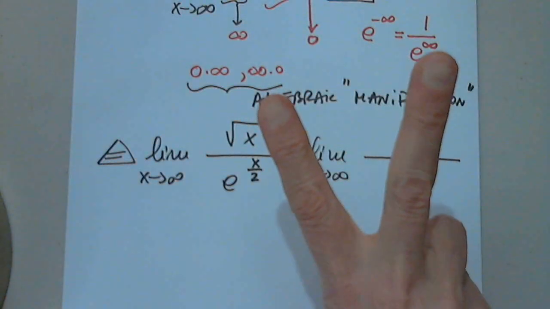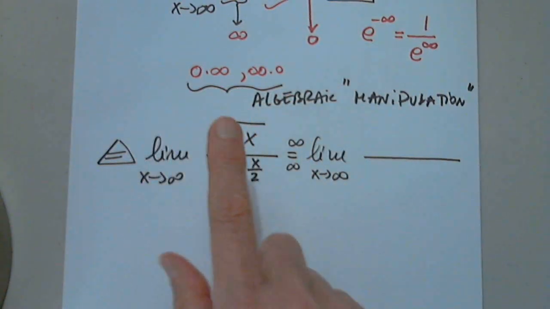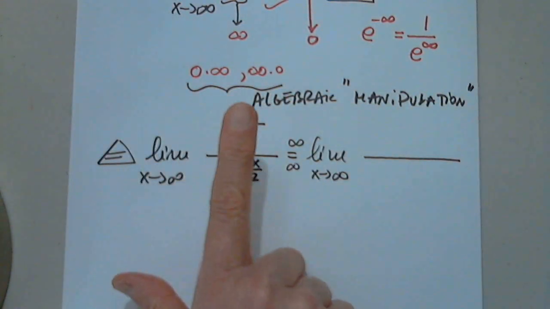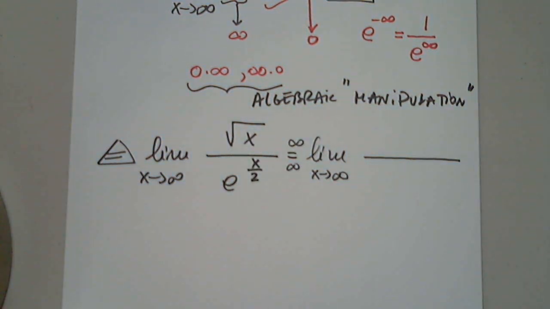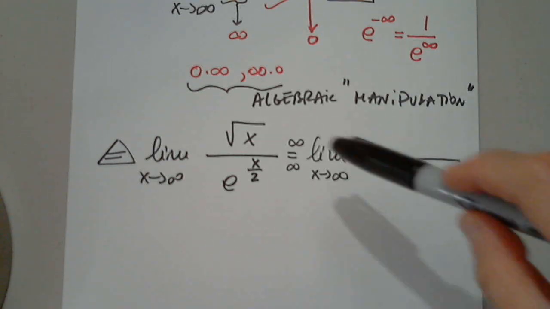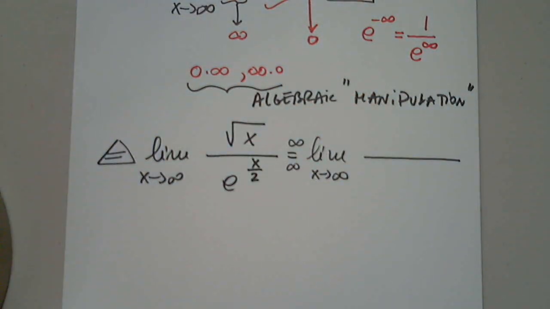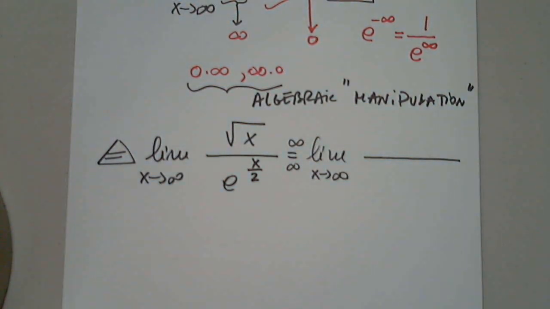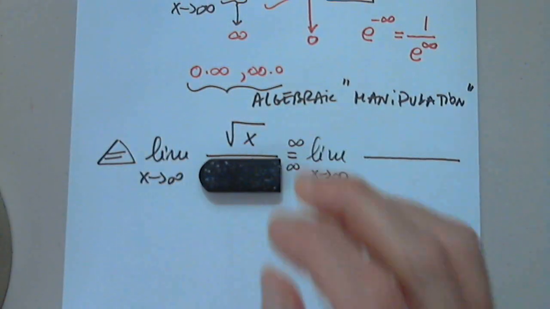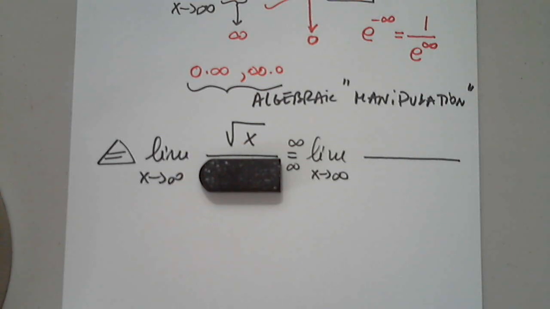Remember, the conditions: limit, ratio, and infinity over infinity or 0 over 0. All conditions are fulfilled for L'Hopital's rule. We never differentiate like that, but inside the limit, when it's infinity over infinity or 0 over 0, we can. So can anyone give us the derivative of the square root of x?